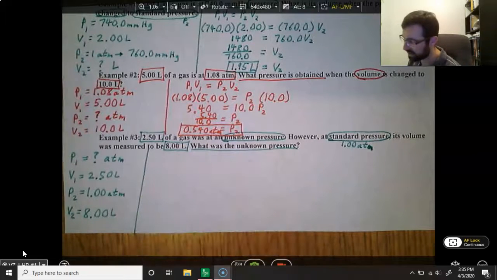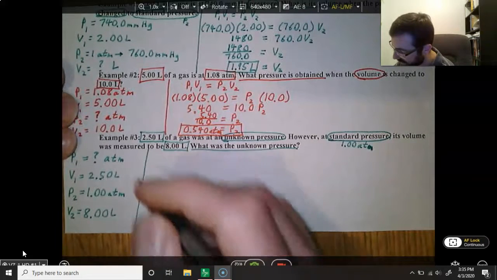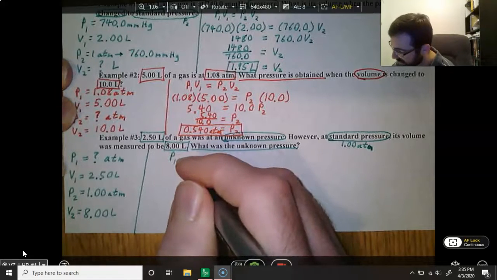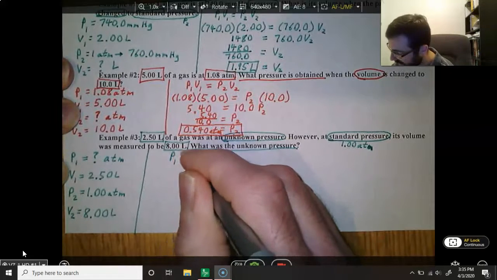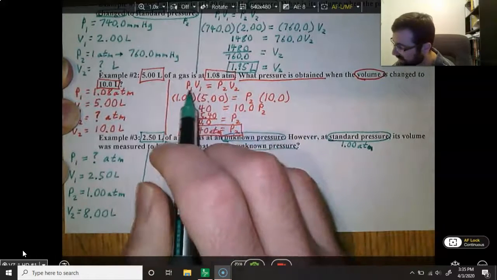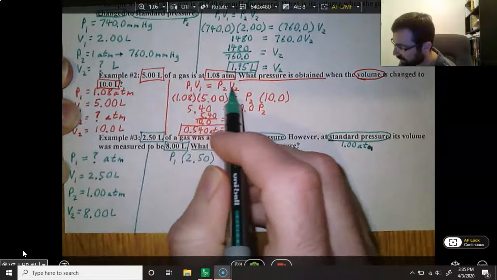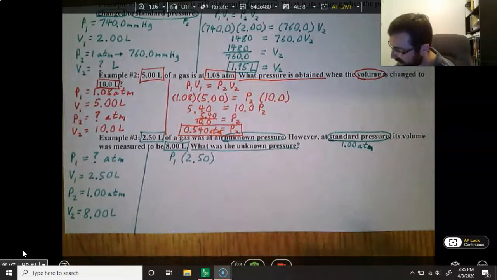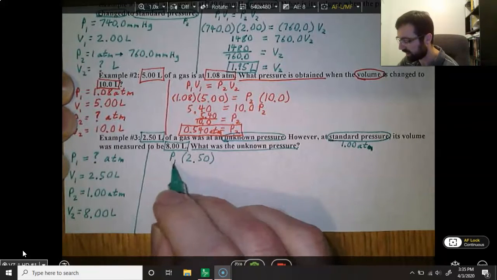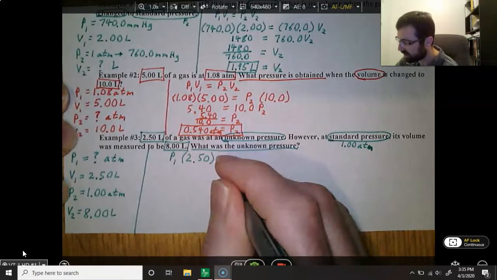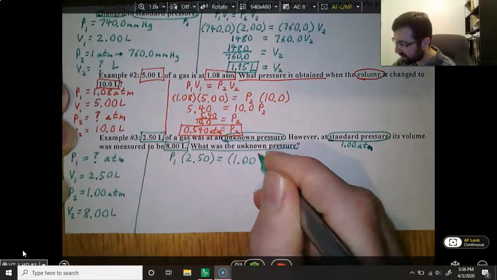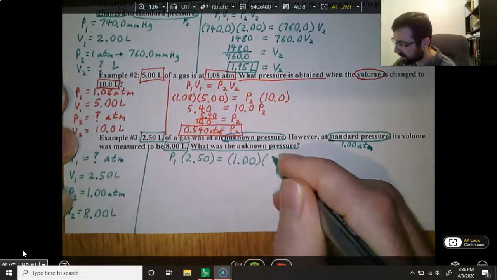Go ahead and set up our equation. P1 is our unknown, so I'm just going to call it P1 times V1, 2.50. Again, I'm using this equation: P1 V1 equals P2 V2. I didn't write it out here, but that's the concept. P1 times 2.50 equals 1.00 times 8.00.